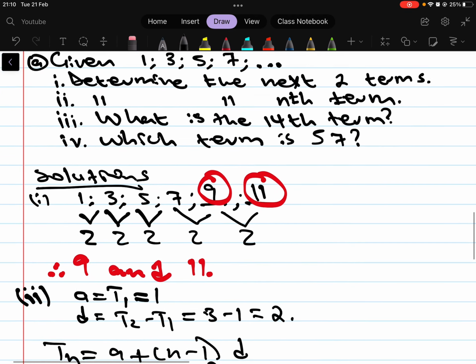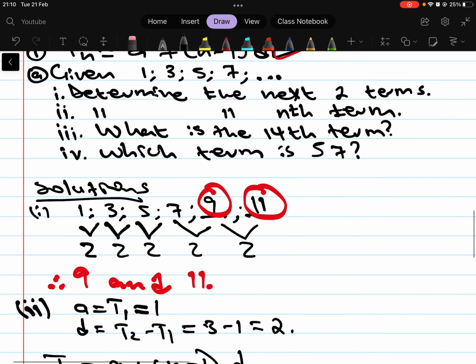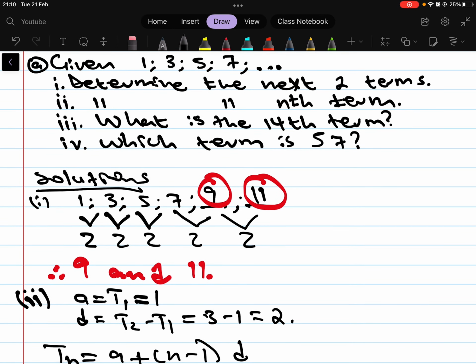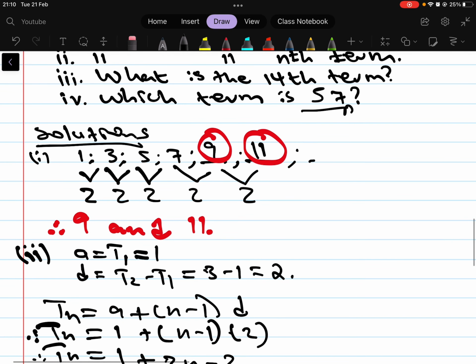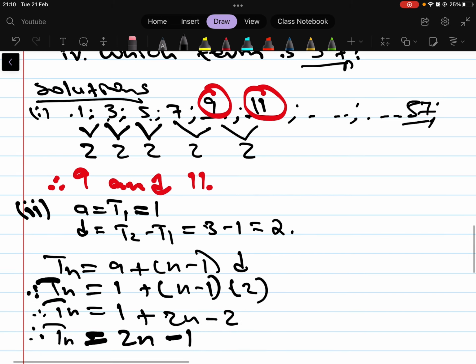So the value of the term is given to us as 57. Which term is that? Basically what they are asking you is to find the position of 57 in this number pattern or in this sequence. So somewhere, if you keep continuing with this pattern, you are going to get to 57. They're just asking you which term number, because this is term 1, this is term 2, term 3. Basically get the position of 57.